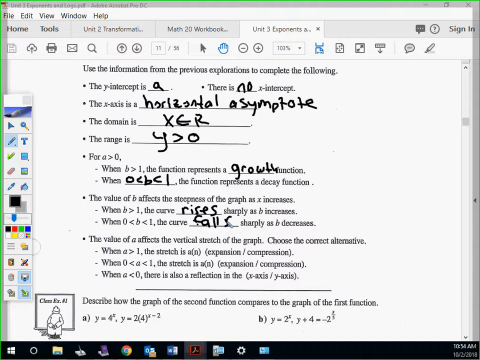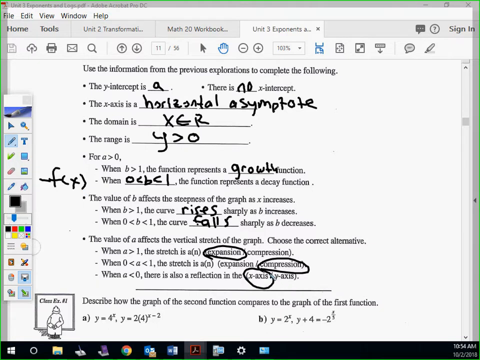Okay. When a is greater than 1, the stretch is an expansion. It's expanding out faster. When it's between 0 and 1, it's the compression, as I mentioned earlier. And when a is less than 0, there's also a reflection over the x-axis. Good.